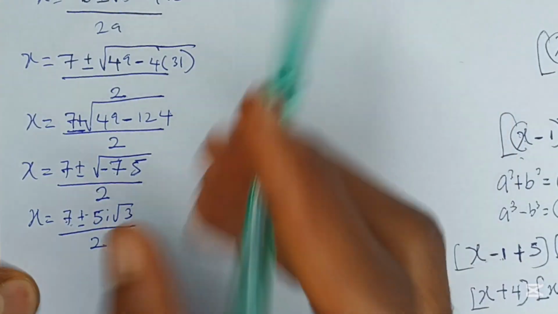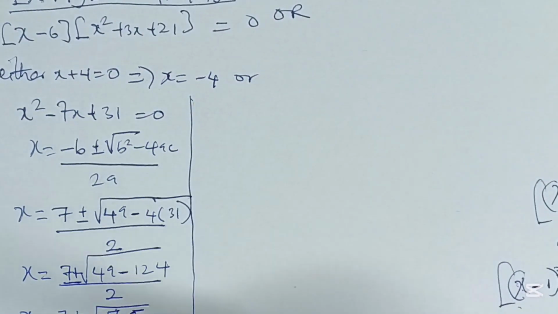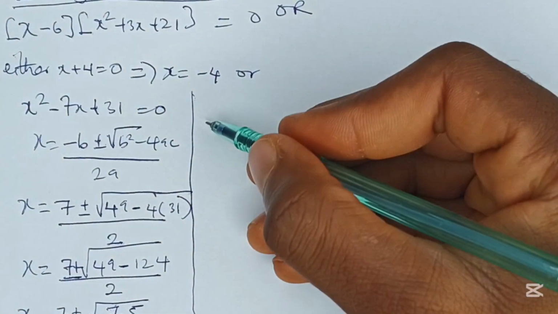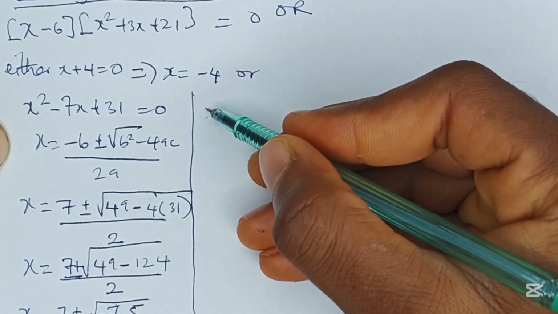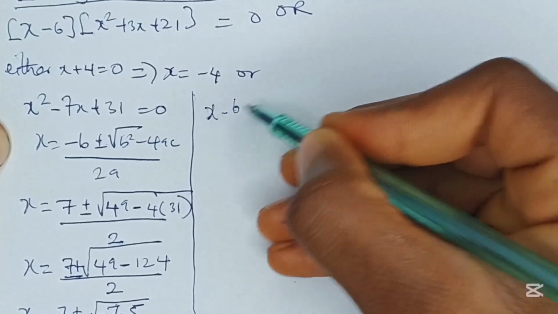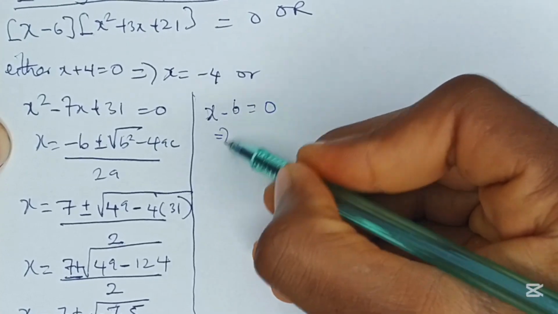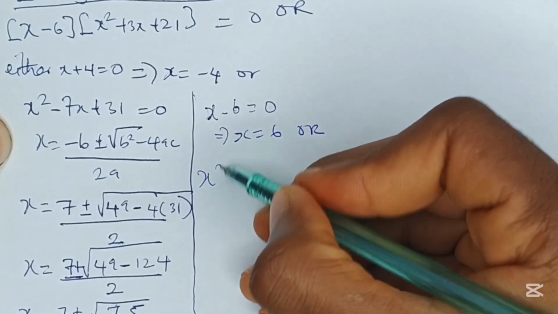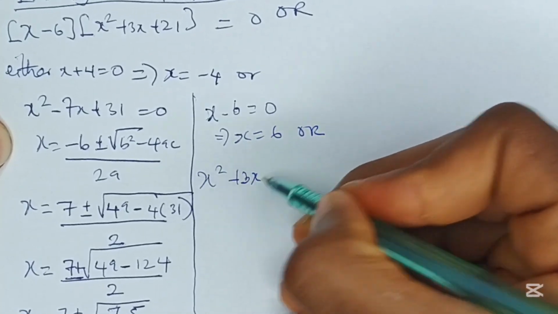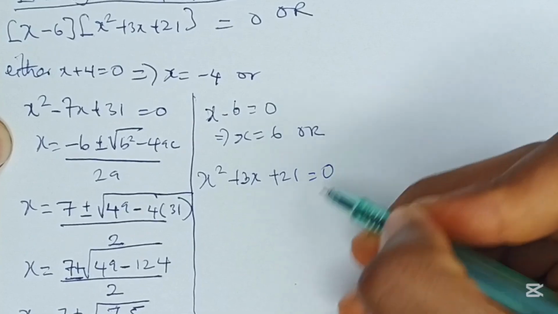So moving on from here, let's do this by the side. Now for the second condition we have that x minus 6 is equal to 0, implying that x is equal to 6, or x squared plus 3x plus 21 is equal to 0.